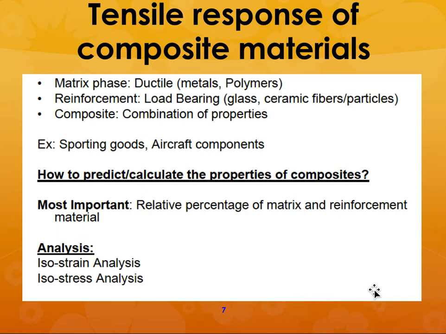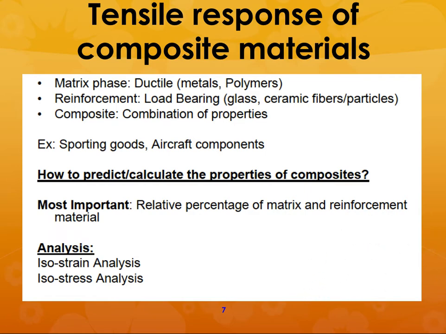You can take that into account and use it to predict the properties. For that, you need to know the relative percentage of the matrix and the reinforcement material. There are two ways to do this analysis: one is called isostrain, and the second one is isostress.